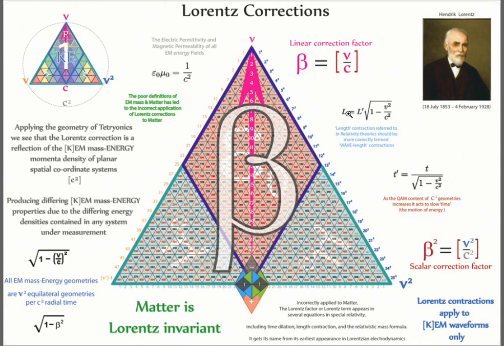Again, the formulations for Lorentz are correct for two-dimensional EM fields, but they do not apply to standing wave matter. Length contractions should be retermed wavelength contractions, and time dilation should be retermed into charge contractions, or changes of charge, or changes in quantized angular momentum or geometry.